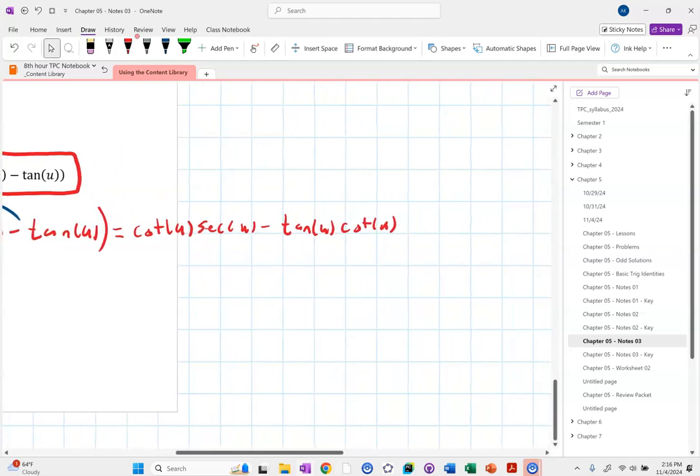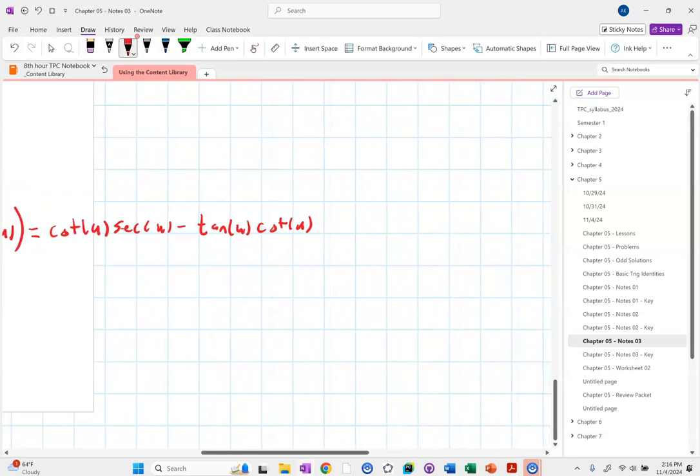Now what do you want to do? Would I use Pythagorean? Well, you don't have anything squared, so I wouldn't do that. Is that co-function or no? Well, if you're not sure, what's usually never a terrible idea is just to rewrite everything in terms of sine and cosine.